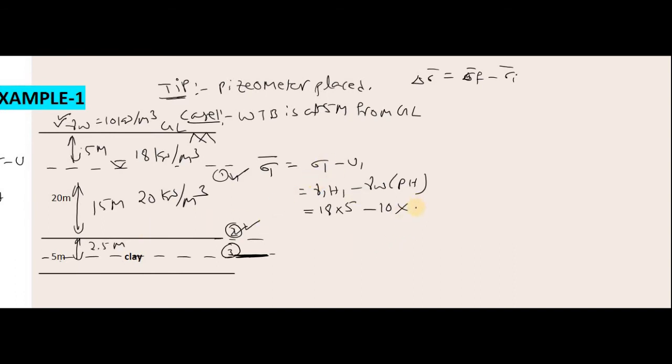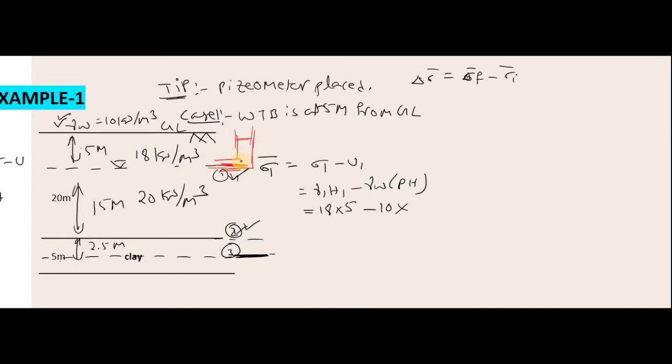Now, the tip: to calculate pore water pressure, place a piezometer. The water level in the piezometer rises till the water table, but we placed it at the water table only.